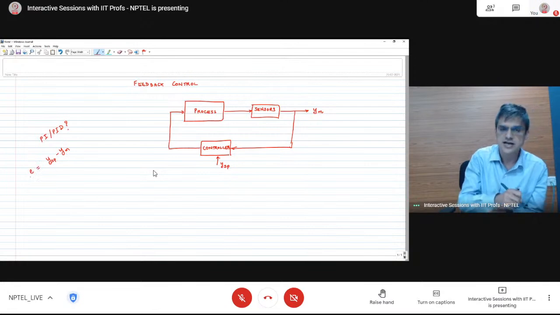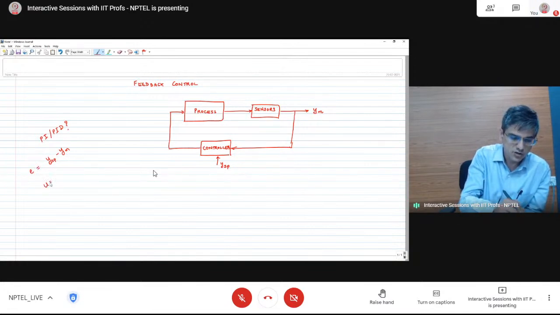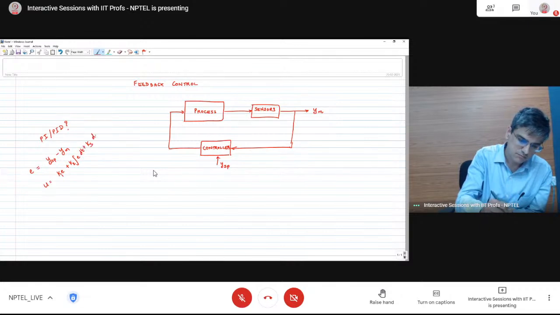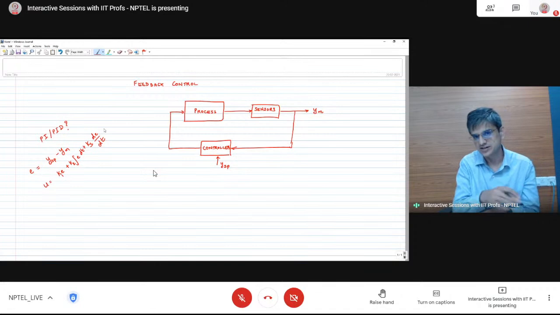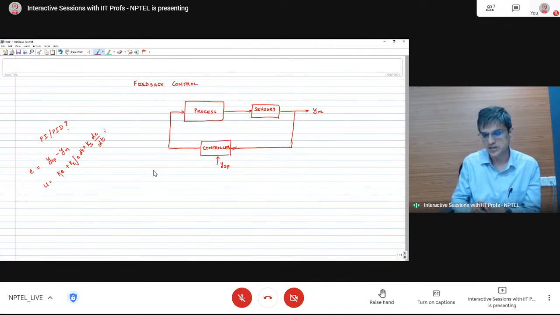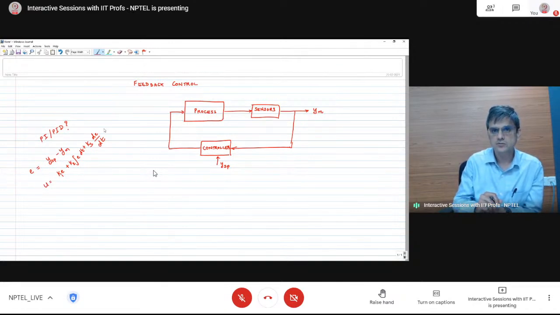This we defined as error, and then we said U is going to be proportional to the error plus integral of the error plus derivative of the error. And although whatever I've written is right, I'm doing it in a very pedagogically simple way, not necessarily in a rigorous way. This was what we talked about with PID.